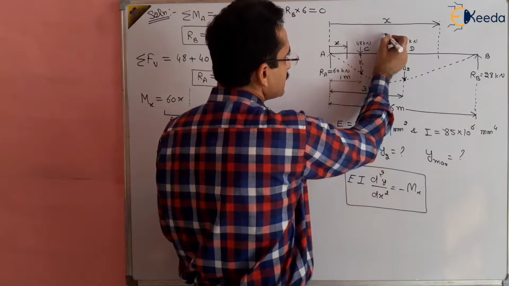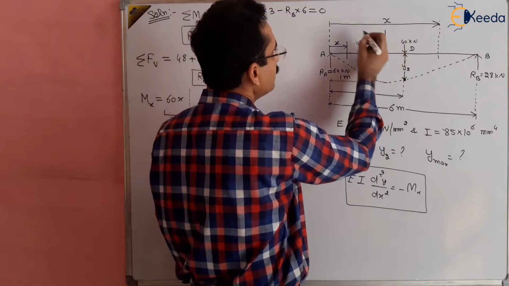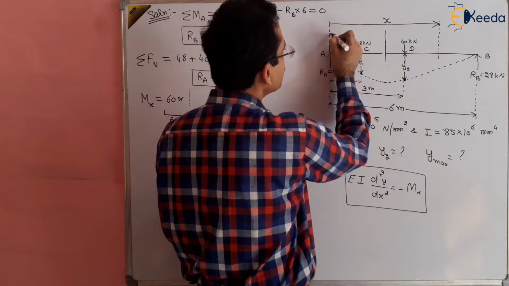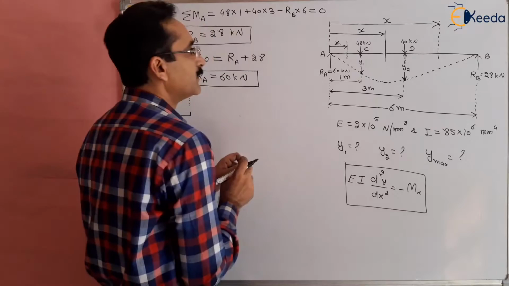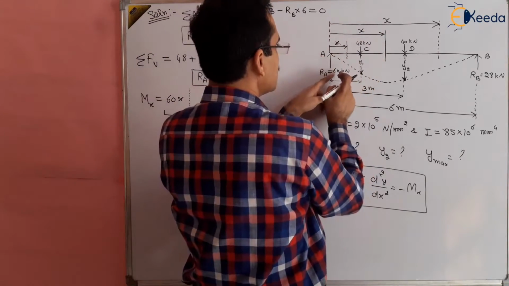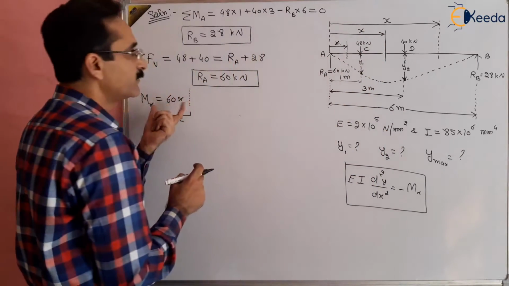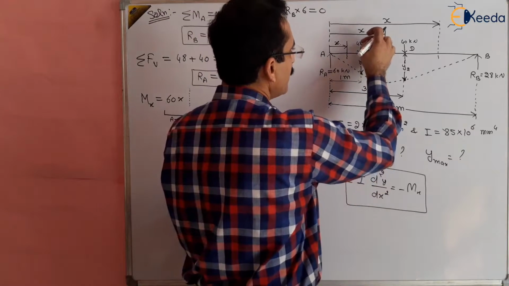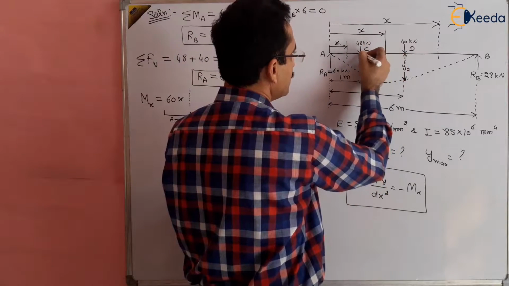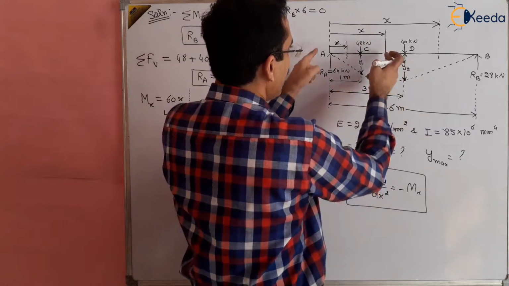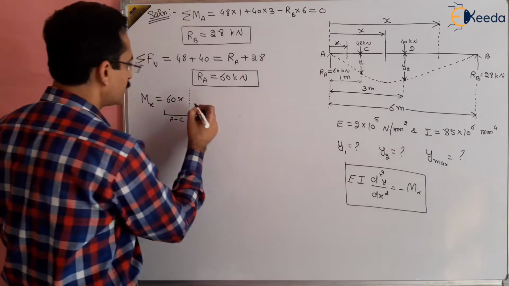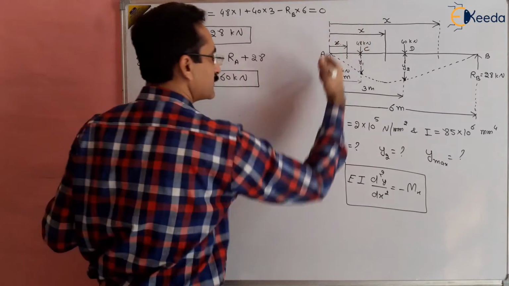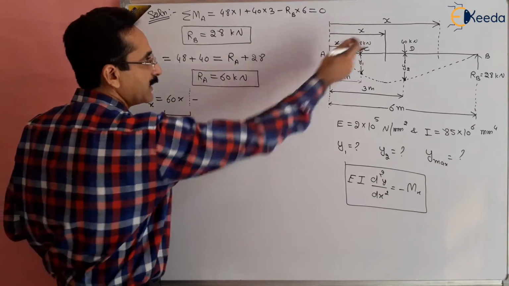Now the next part: let us take the section here. Although we have already done this in theory lectures, still we are doing it like this, right? Now the moment of RA is 60x, which is already written, and the moment of 48 about this axis will be 48 multiplied by x minus 1. This will be minus because it is a negative bending moment.